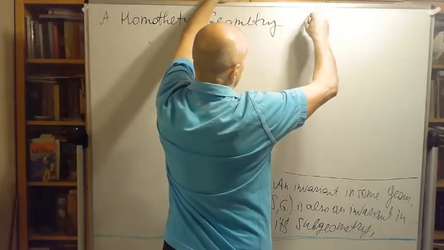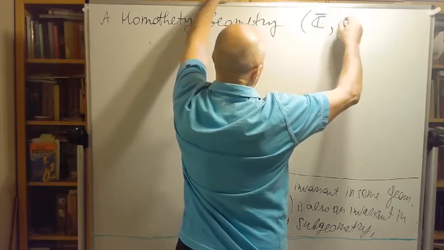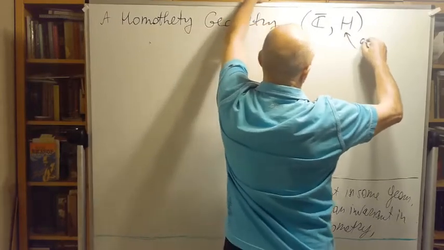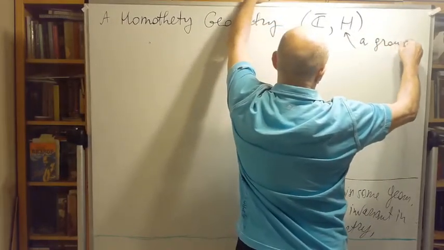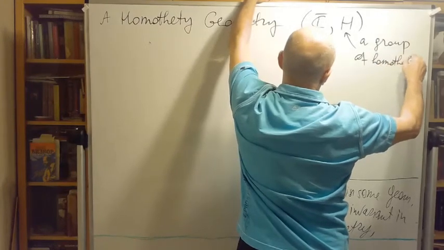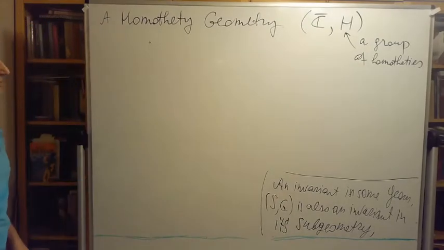So it is a geometry again in the extended complex plane, and the group H of homotheties. If I don't say about which point, it will be about the origin, but the properties will be the same.